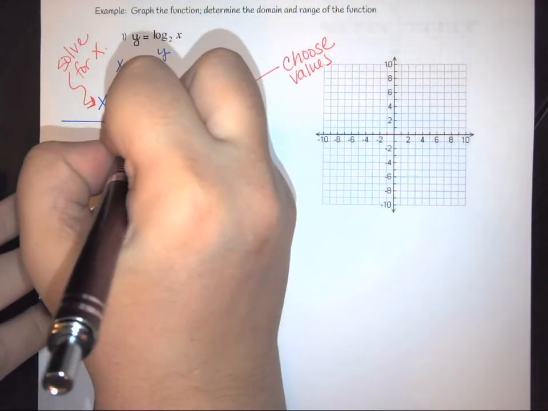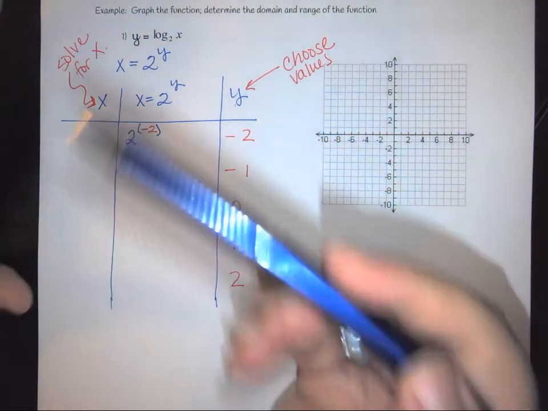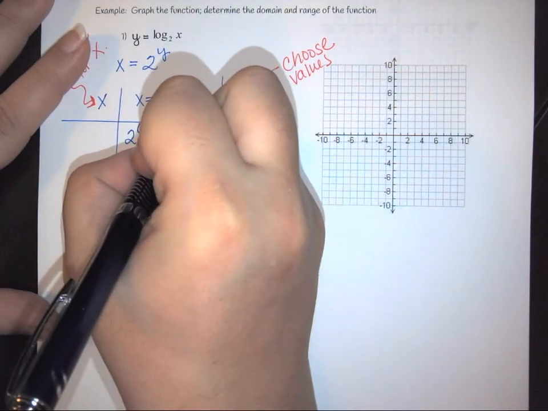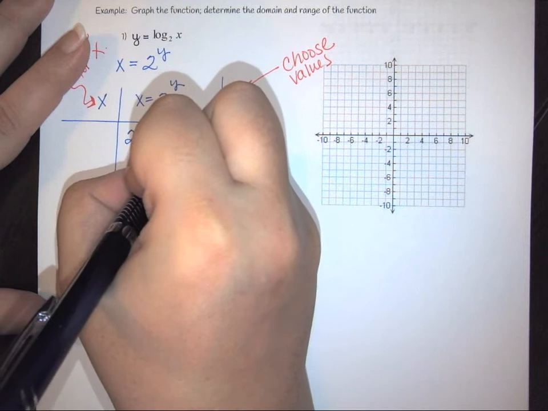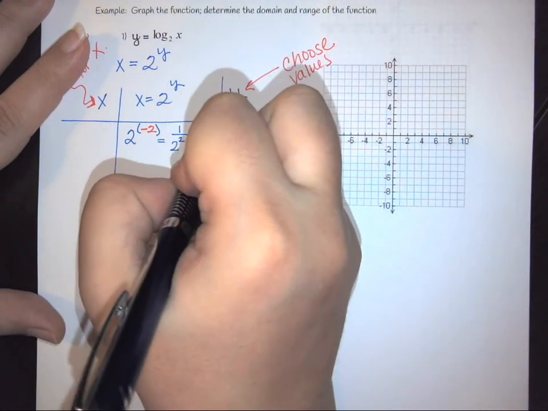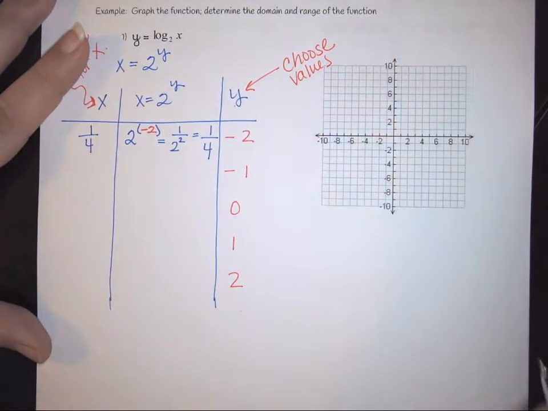Well, here, my power is a -2. So if you remember the rules, a negative we don't like, so this is going to be the same as 1 over 2 squared, which is 1 over 4. So my x value is 1/4.